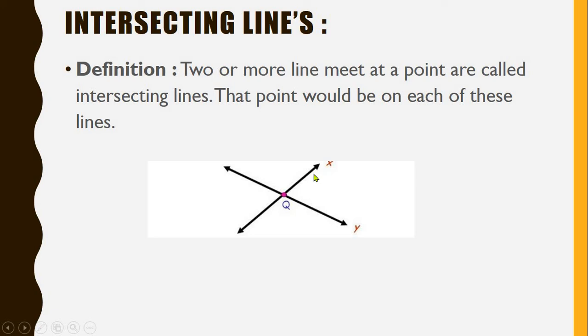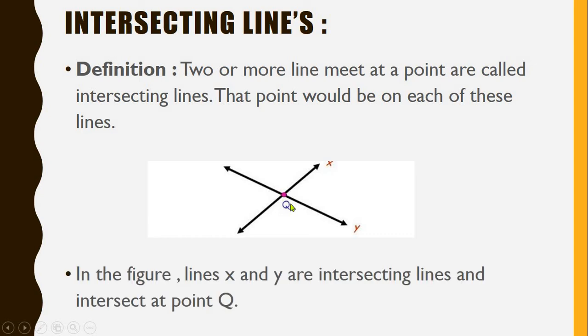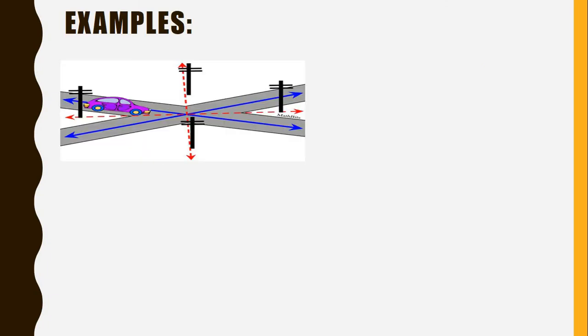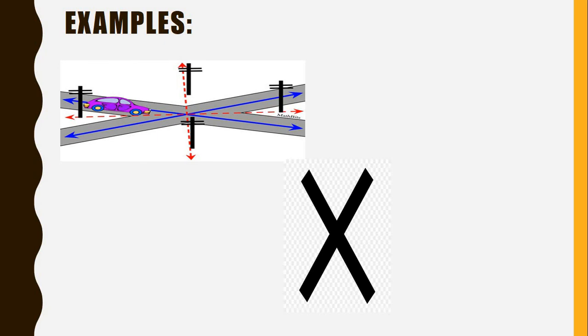Two lines, line X and Y, and their intersecting point is Q. Now here Q is on both lines, on X and on Y. In the figure, lines X and Y are intersecting lines and intersect at the point Q. Examples: crossing roads, the alphabet letter X.